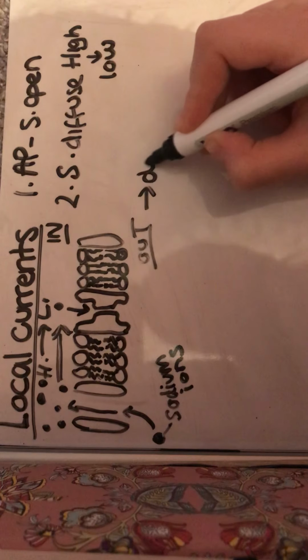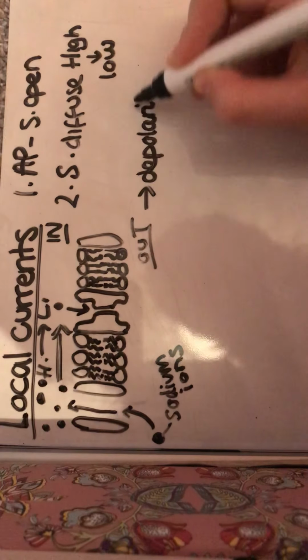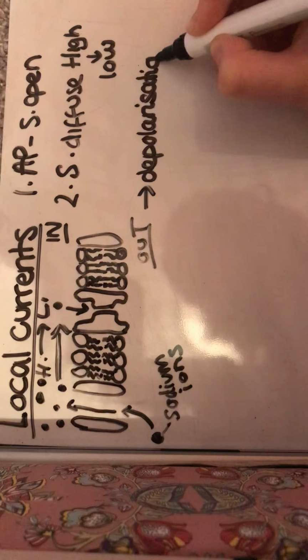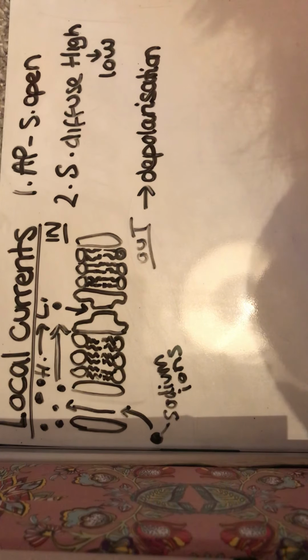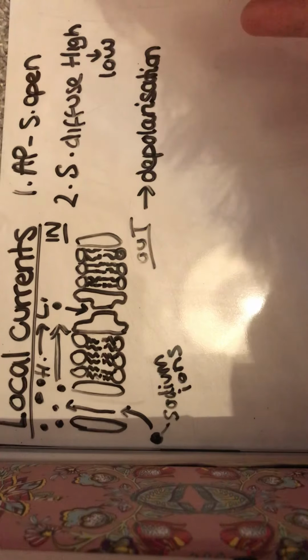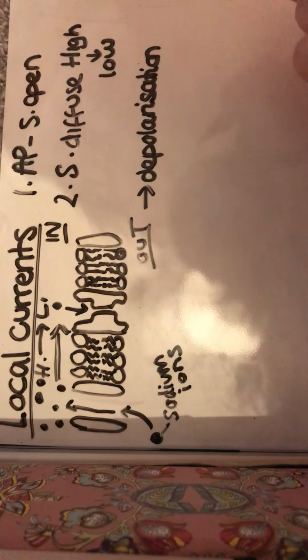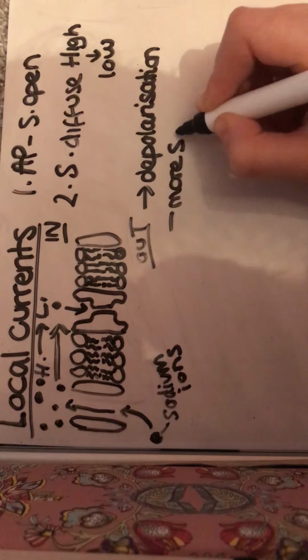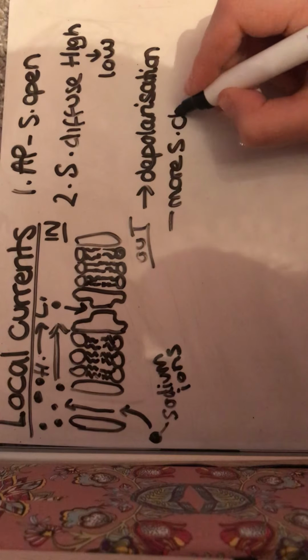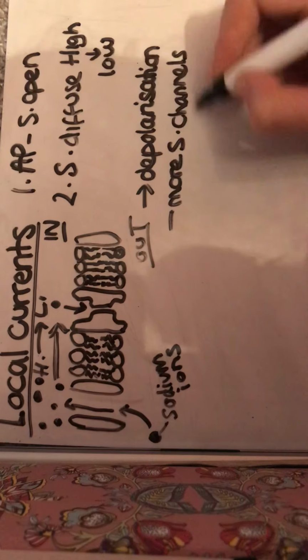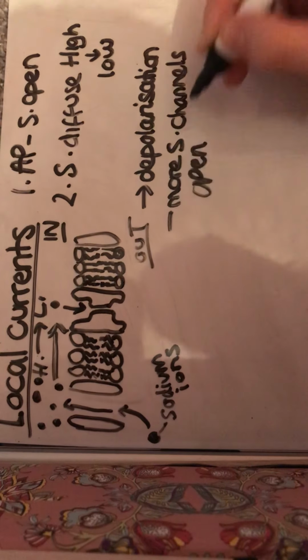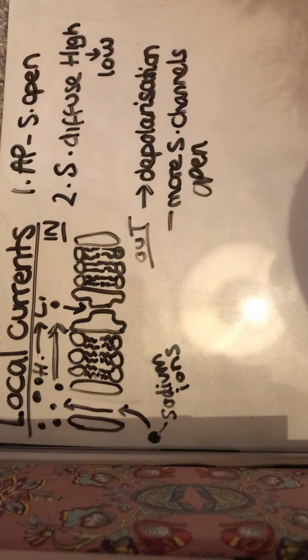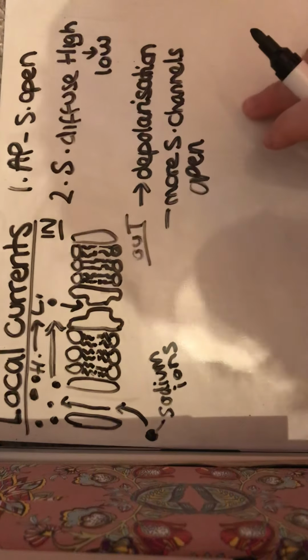And this local current causes a slight depolarization of the membrane further along, which affects the voltage-gated sodium ion channels, causing them to open. So we've got more sodium channels open, which allows a rapid influx of sodium ions.